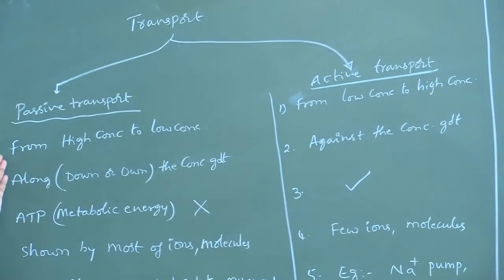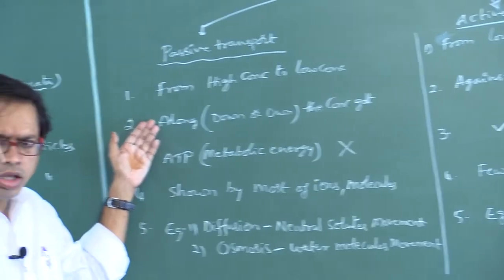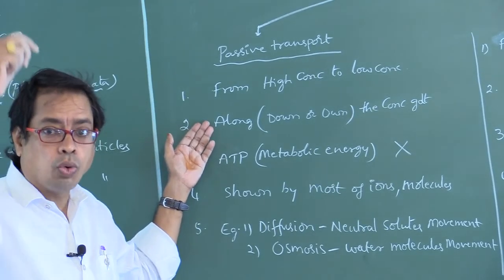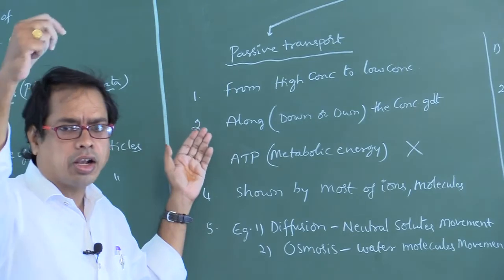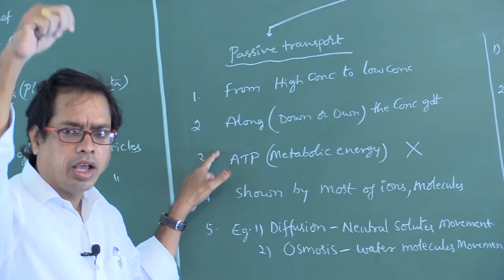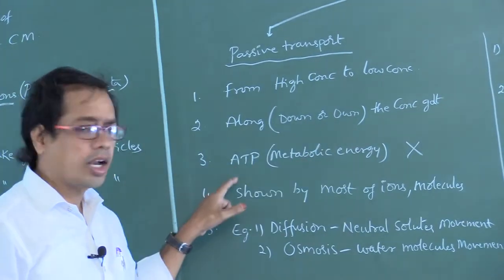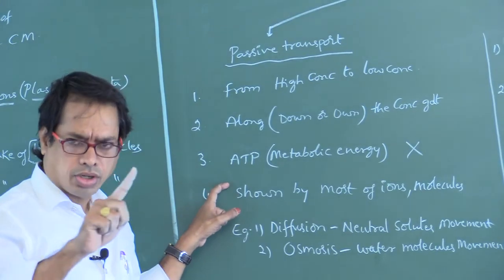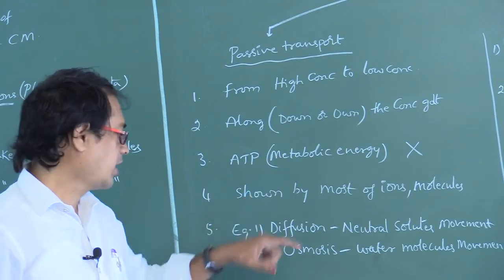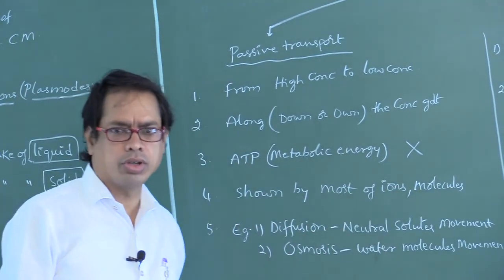Next, from high concentration to low concentration means it should be called along the concentration gradient, or down the concentration gradient, or on the concentration gradient. And here ATP is not required, or metabolic energy is not required, and it's shown by most of the ions and most of the molecules.